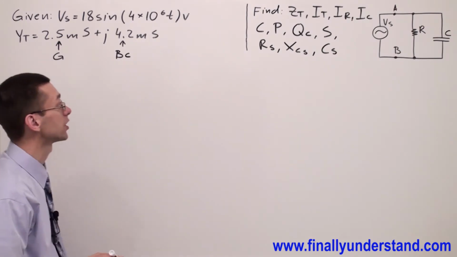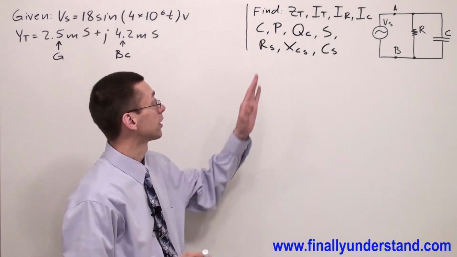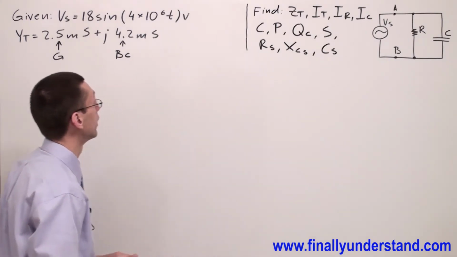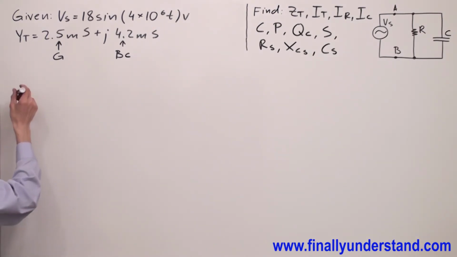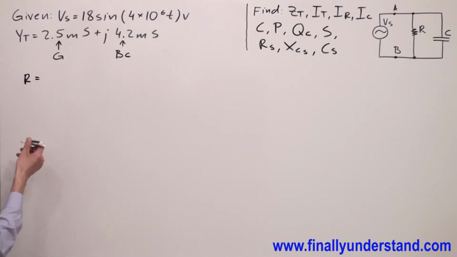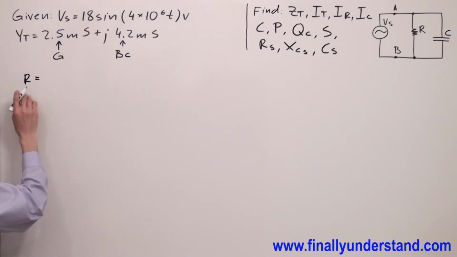The problem is asking me to find Z total, I total, and current through each branch. So what I'm supposed to do first, I'm going to find resistance. Of course, there are many other ways to solve this problem, as I said, but let's do this way first.